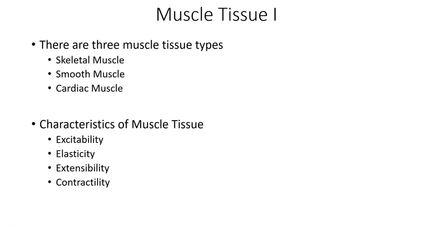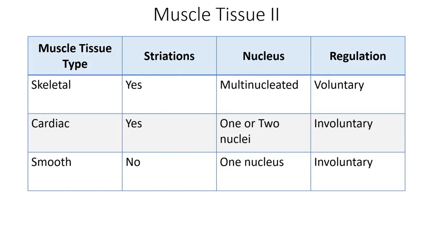Our next characteristic is extensibility. So this is the ability of a muscle to stretch or extend. So this is part of it changing shape. And then contractility, which is how muscles can pull on their attachment points and shorten. All right, so those are all characteristics common to all three types of muscle tissue.